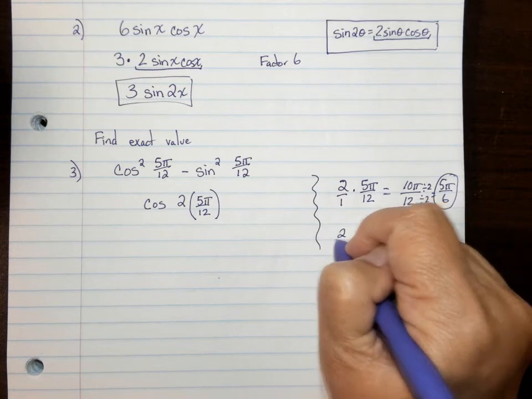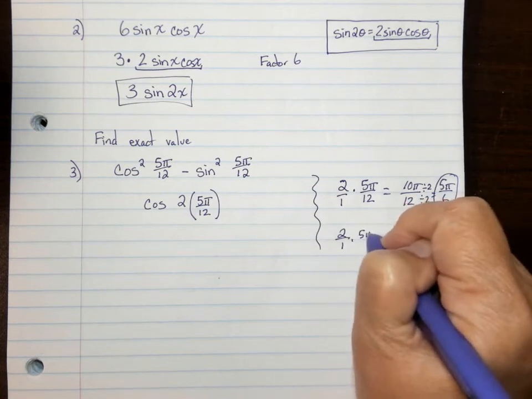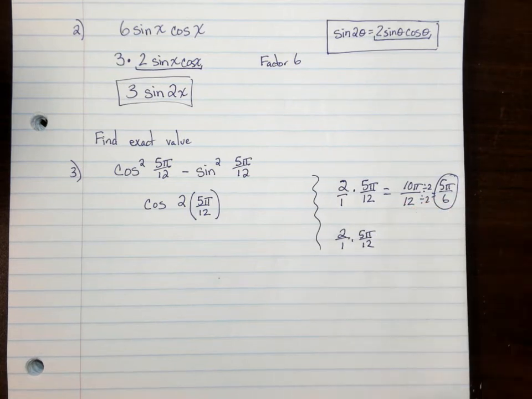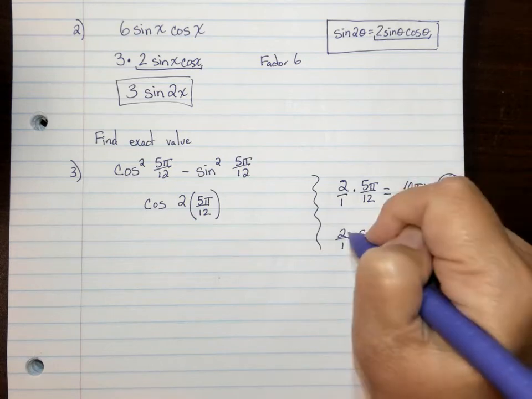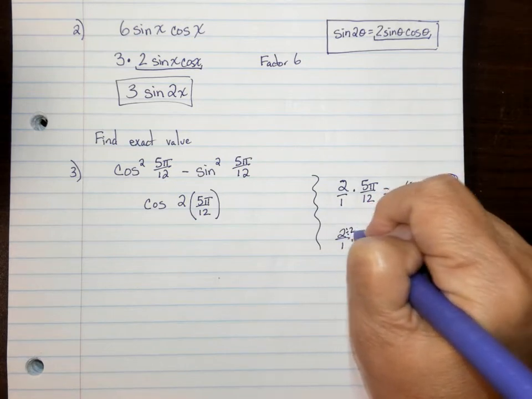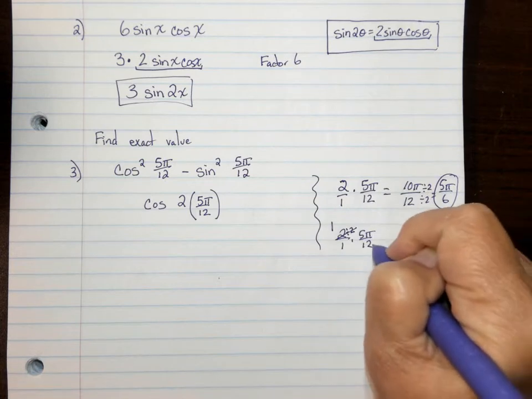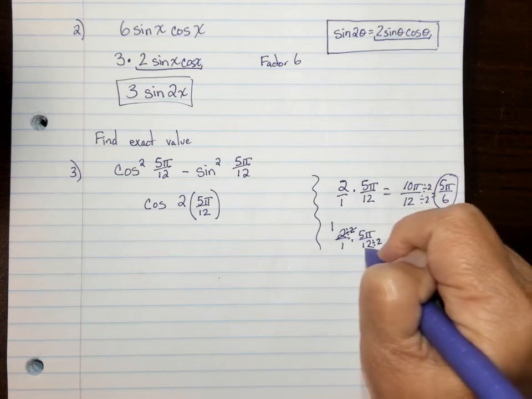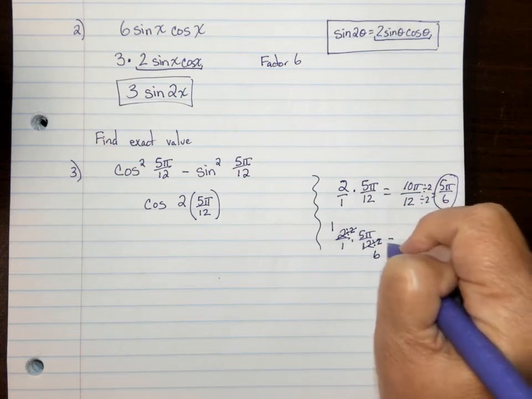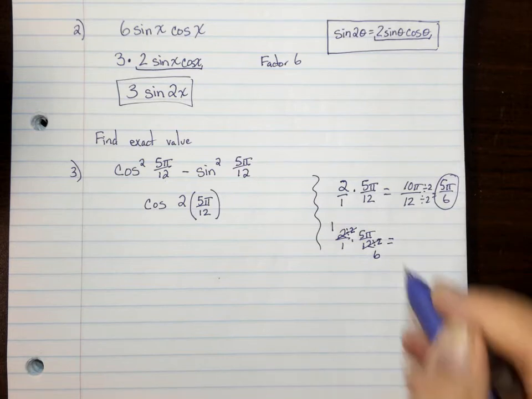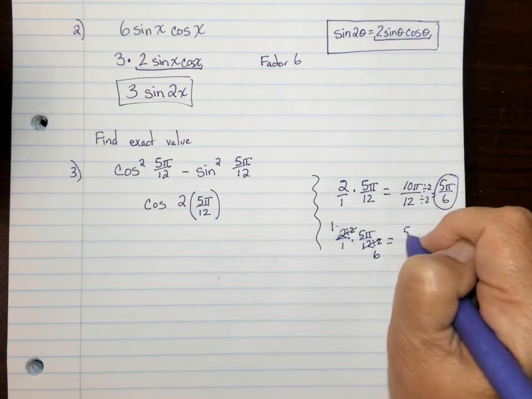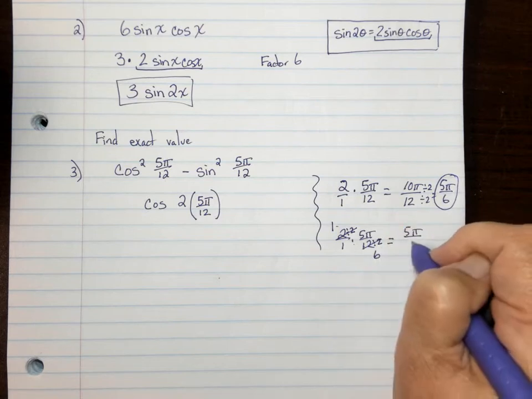Or way number 2 is this. Simplify first. 2 divided by 2 is 1, and 12 divided by 2 is 6. Now, top times top, bottom times bottom.